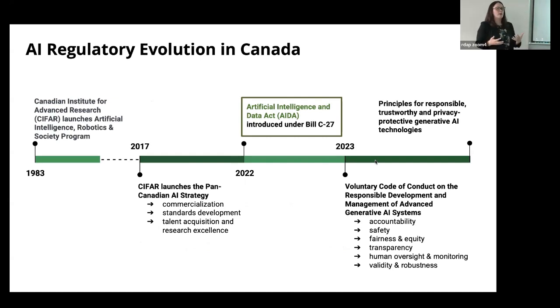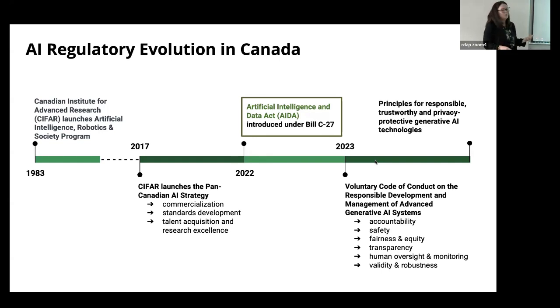Lots and lots going on in the way of research and innovation, but we really don't see policy initiatives popping up until the last 5-10 years. In 2017, Canada was the first country to launch a national or pan-Canadian AI strategy that was focused on three pillars: commercialization, standards development, and really heavily focused on talent acquisition and research excellence.